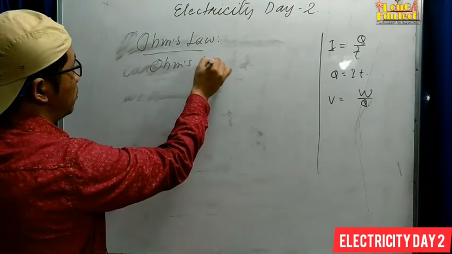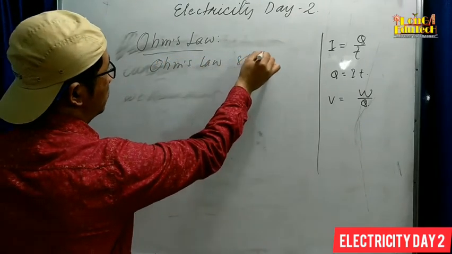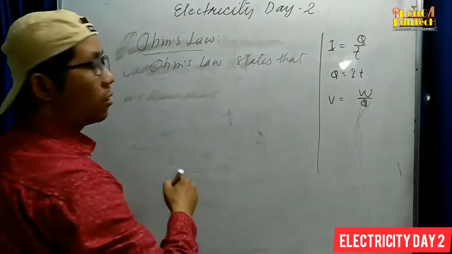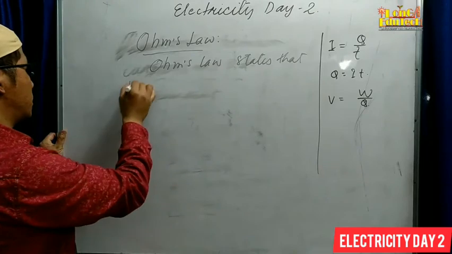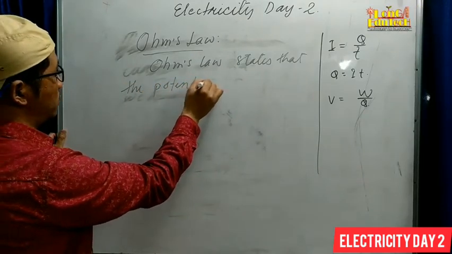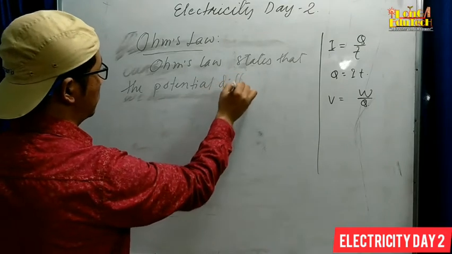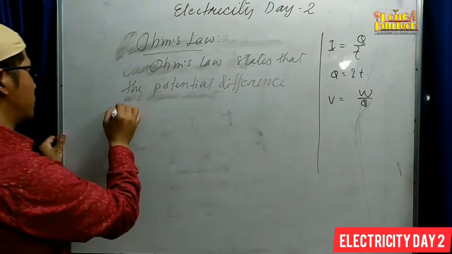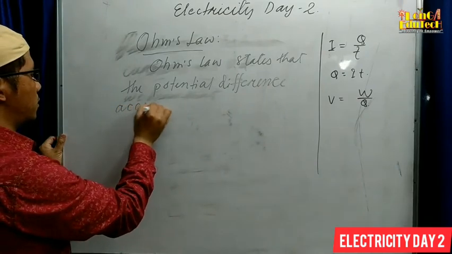Ohm's law states that the potential difference across the ends of a conductor is directly proportional to the current.